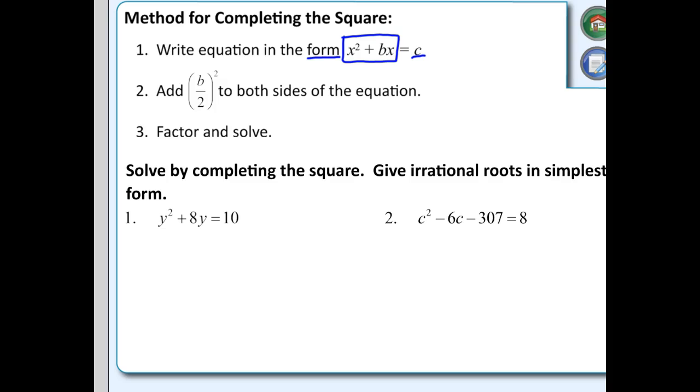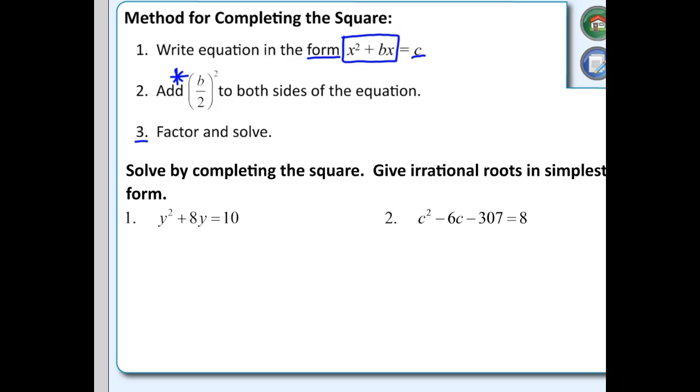To find C, that constant term, to complete the square, we find B, the number in front of the linear term, divide it by 2 and square it, and then we should be able to factor and solve like we did last night. So let's do a couple problems together and see how it's going to work.